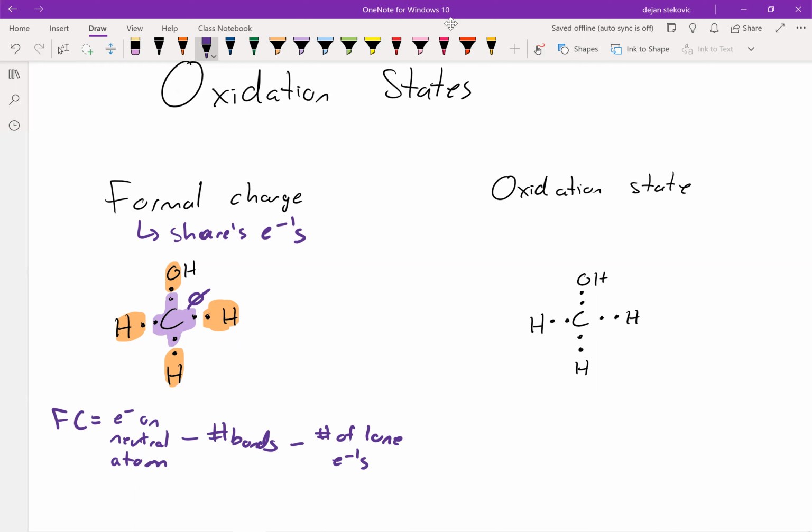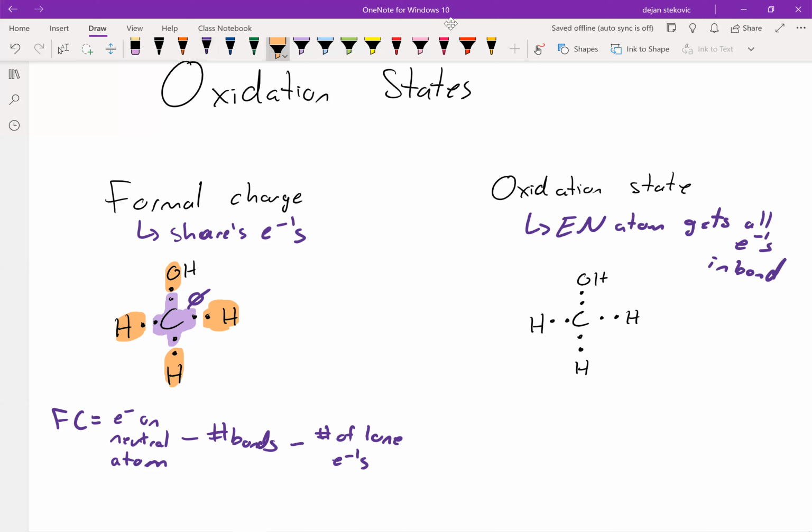But just because it has a formal charge of 0 in different compounds doesn't mean that it has the same electron density. So another way we can take a look at this is through oxidation state, and this one will vary much more in organic chemistry. When we're talking about oxidation state, we say that the electronegative atom gets all electrons in the bond.